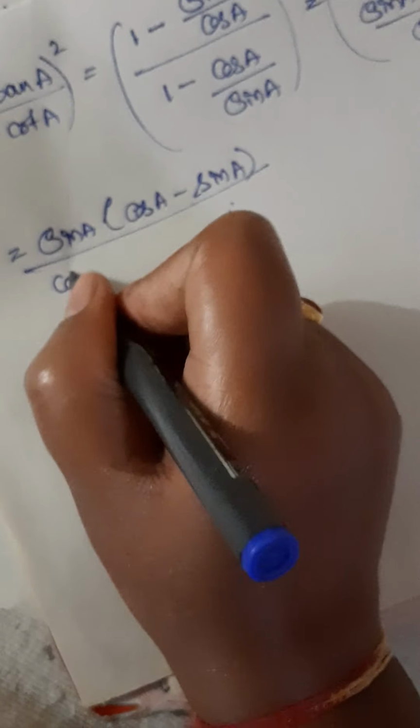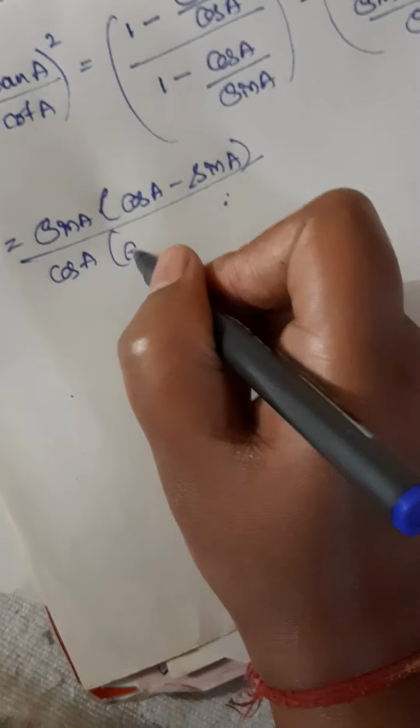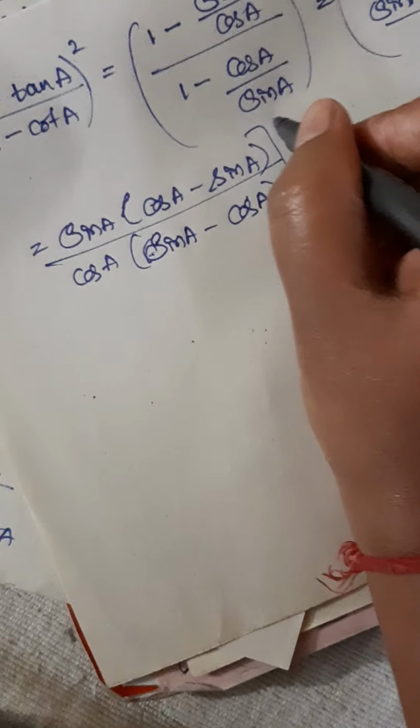This sin A will go up, so we have sin A into (cos A − sin A), and here cos A into (sin A − cos A), whole bracket squared.